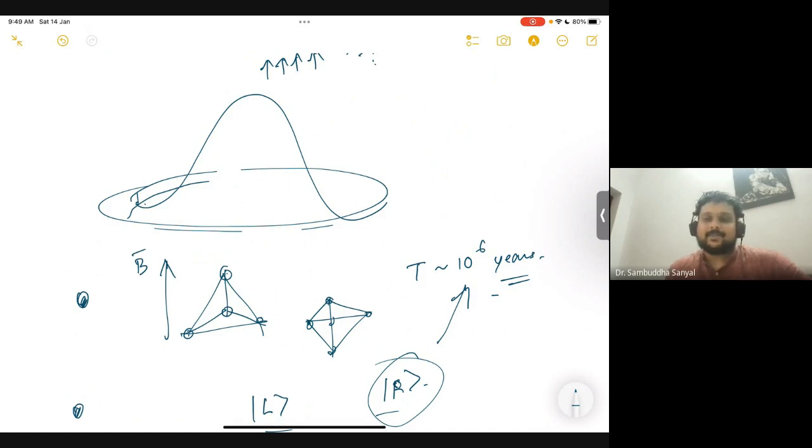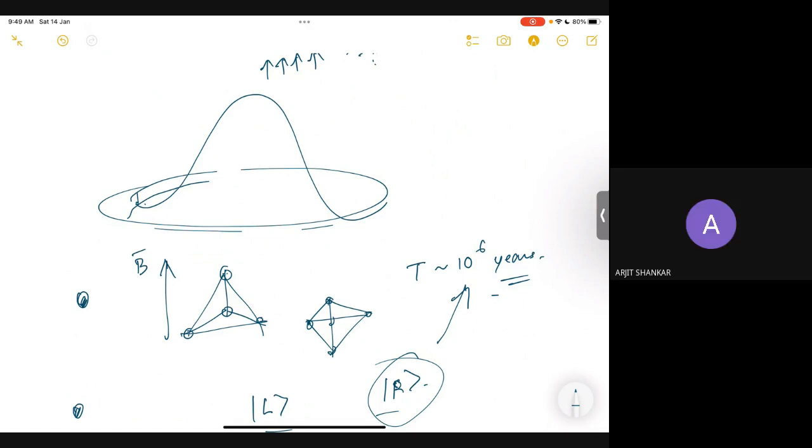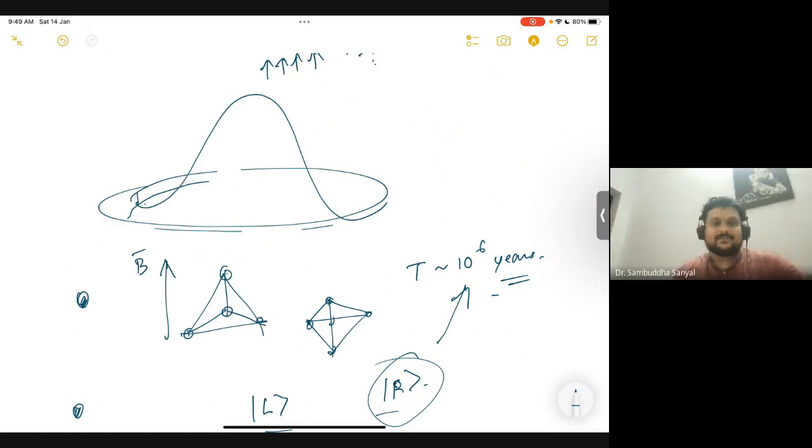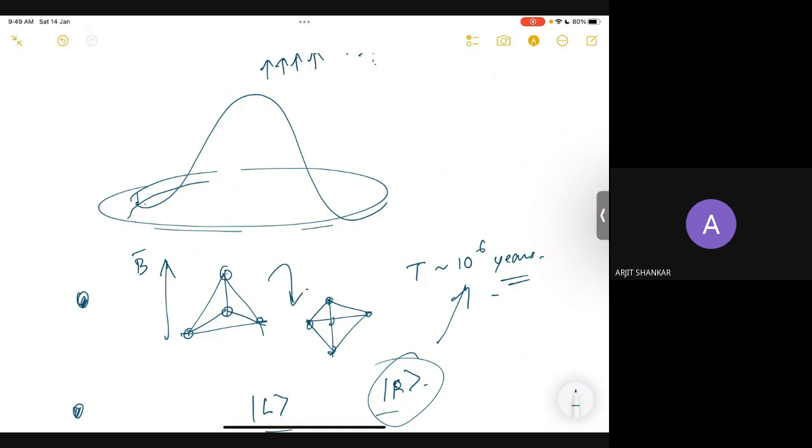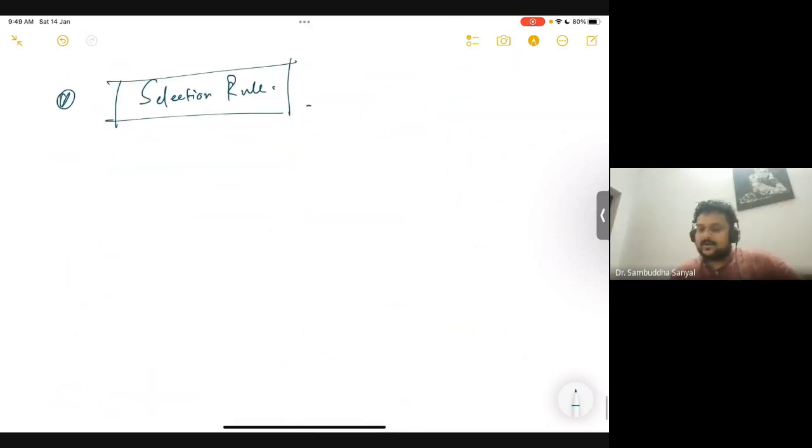What is pointing up and what is pointing down? To tell that you need a field, right? When you have that field, then it is a huge amount of energy cost to flip this thing. You need some kind of direction.